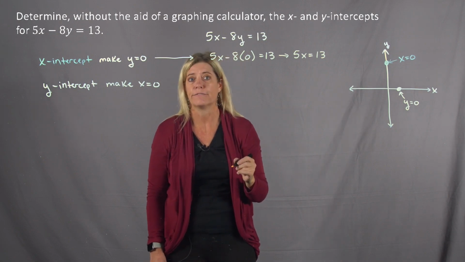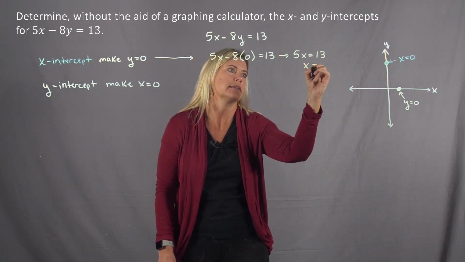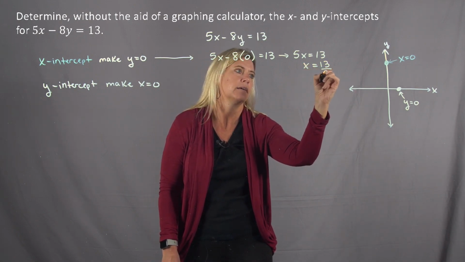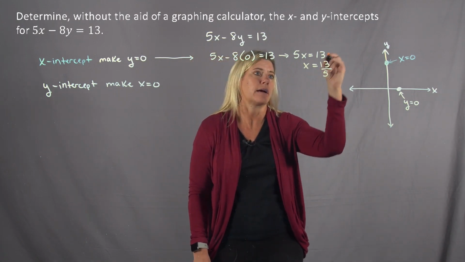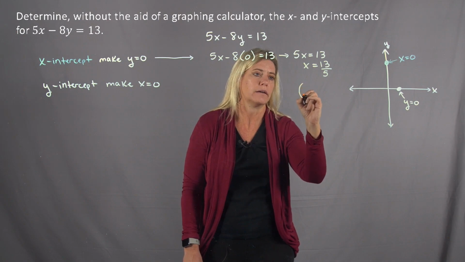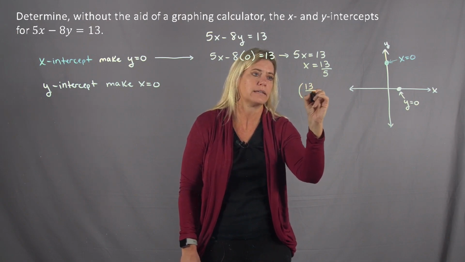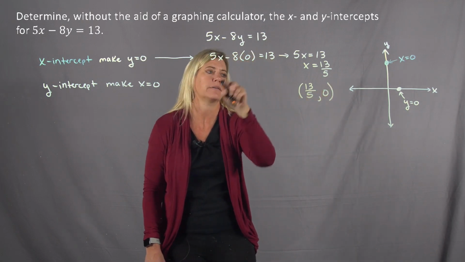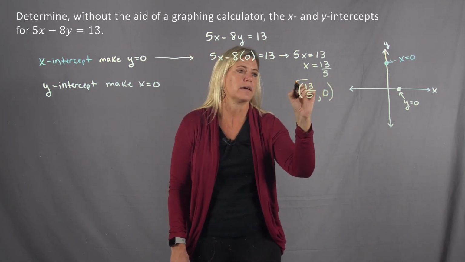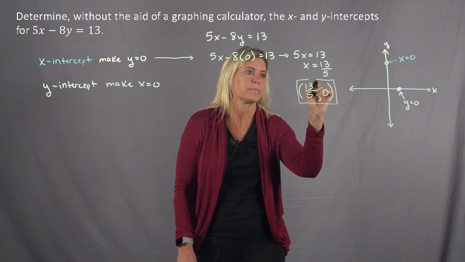Divide both sides by 5, and we know that x is equal to 13 fifths. So this tells me then that the x-intercept, I'll write it as a point here, I'm going to go over 13 fifths on the x-axis and up 0 on the y. We put 0 in for y. So this is the x-intercept.